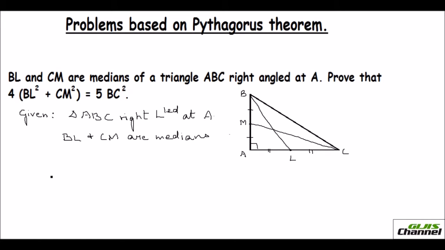Now you need to prove 4 times BL square plus CM square, that is the median square, right? CM square is equal to 5 times the hypotenuse square, which is your BC square. This is what you need to prove.